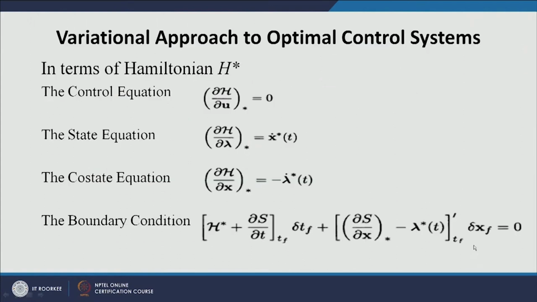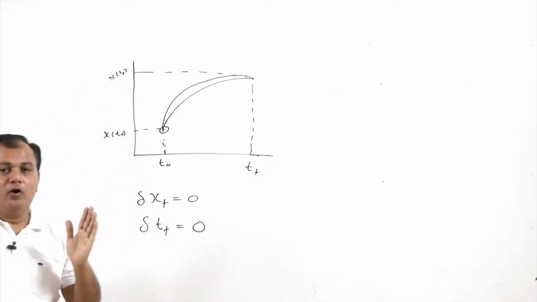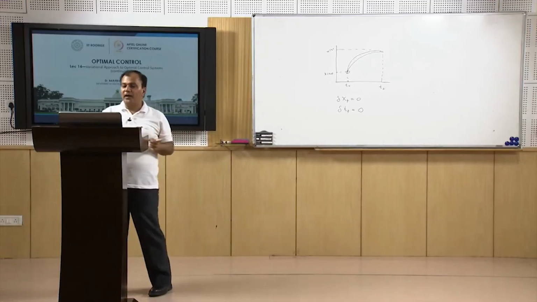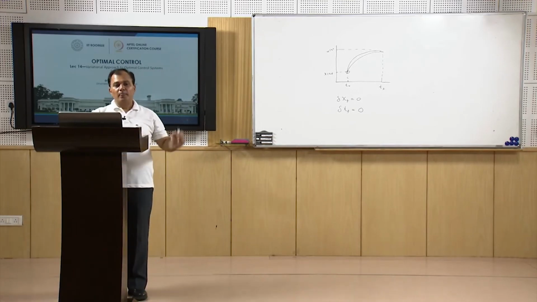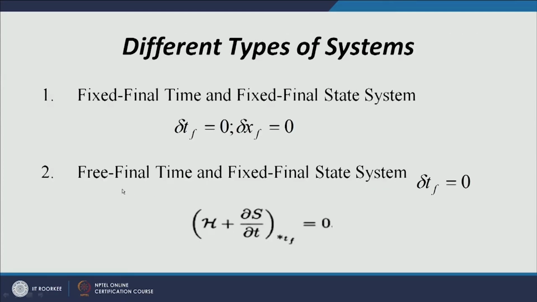So, the last equation will not appear in the problem, but tf and x(tf) are already given, that is why they are fixed. So, we are with the final condition. I know the initial condition, I know the final condition, based on this I can solve my first 3 equations. My second case is the free final time, but the fixed final state.